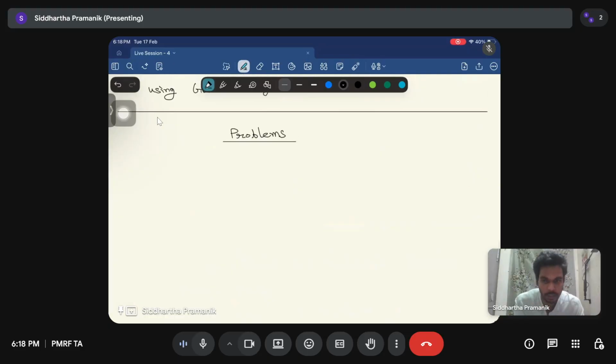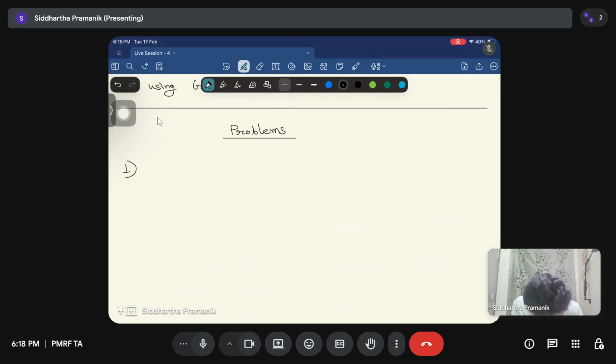Okay, so let's do the first one. Let's start with the Galois extension.